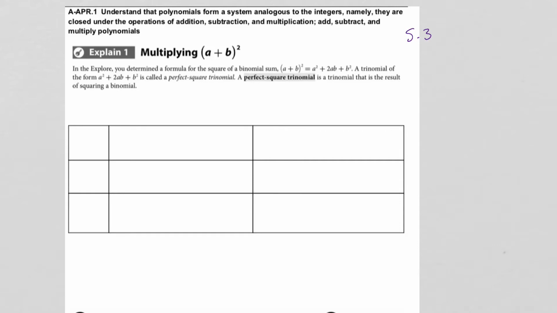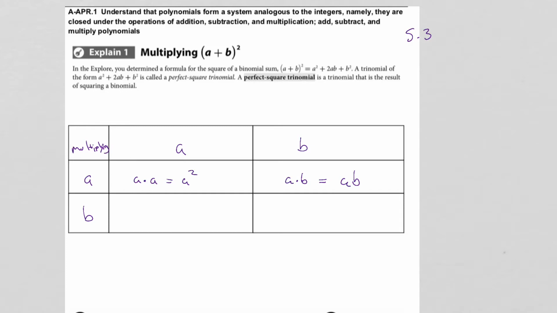But let's see how this formula is derived. Remember when we were doing the graphic organizers, and we put them in an array like so, and this represented multiplying. Well, you've got a and b here, and a and b there. This first one is a times a, and that's a squared. This second one is a times b, and that's the term ab.